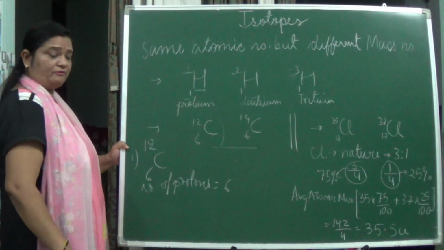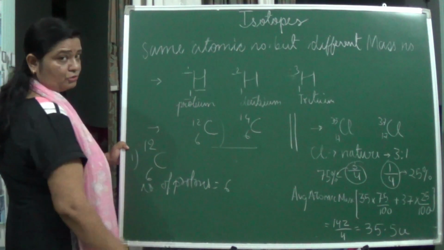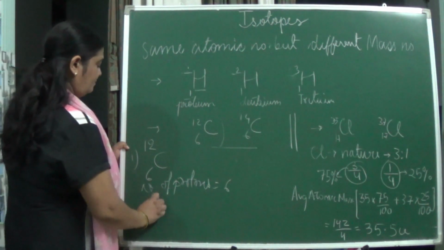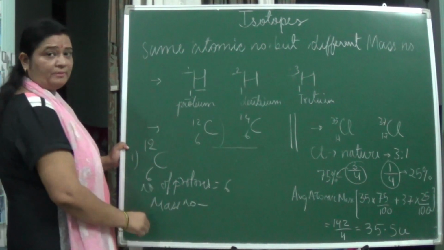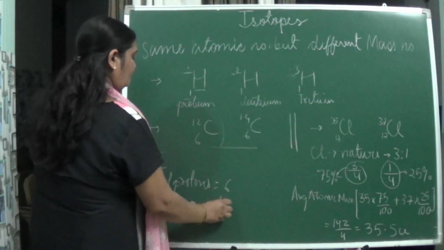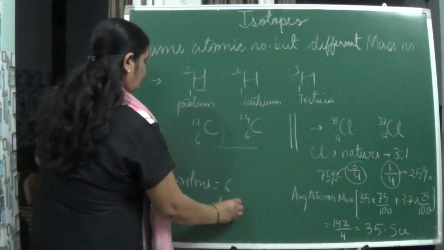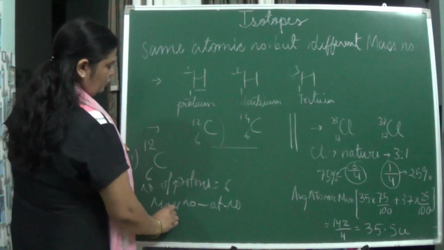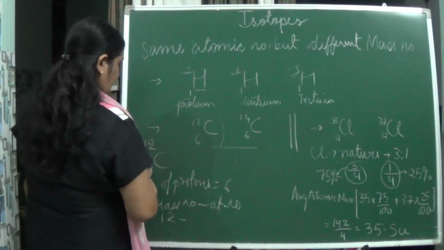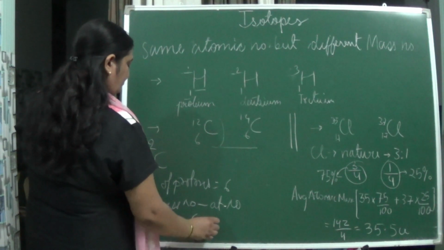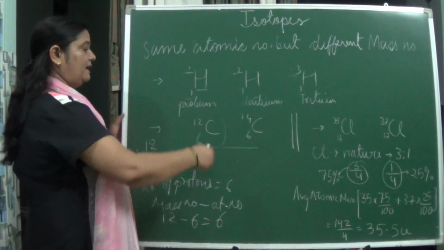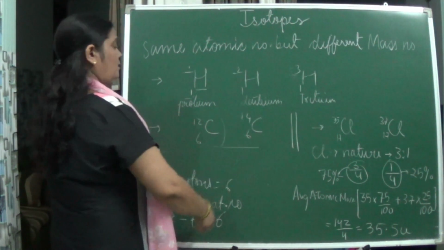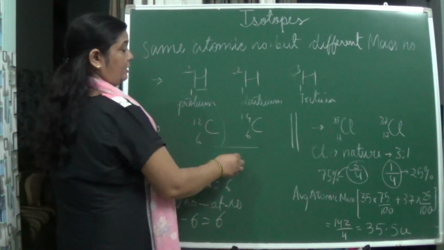And what is the number of neutrons? For the number of neutrons, you will take the mass number minus the atomic number, that is, the number of protons. Mass number is 12, so minus the atomic number, 6, it will be 6. So the number of neutrons is equal to 6. Like that, if you want to calculate how many number of protons are there.